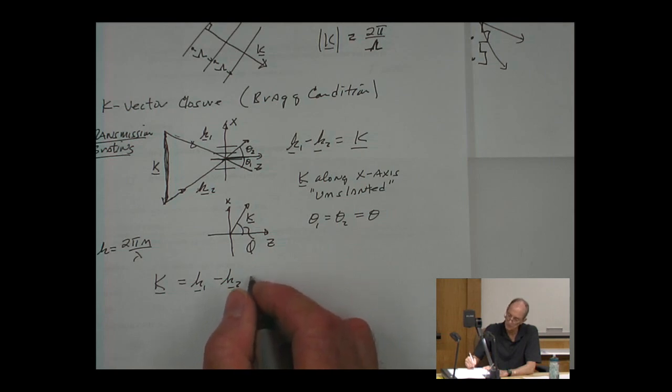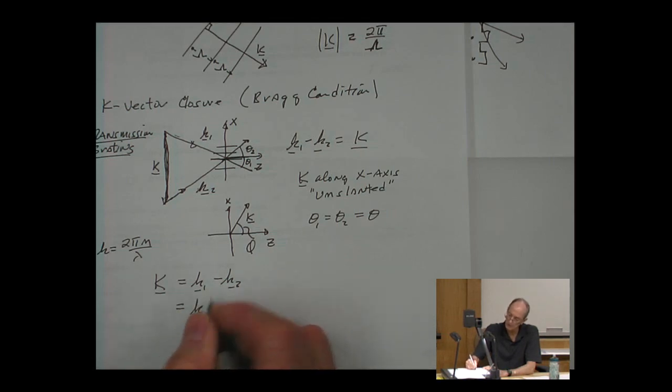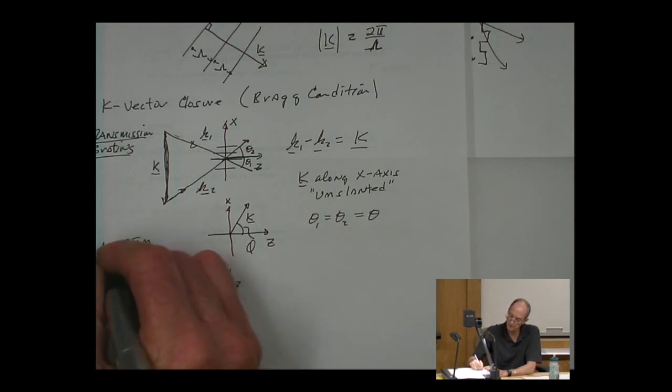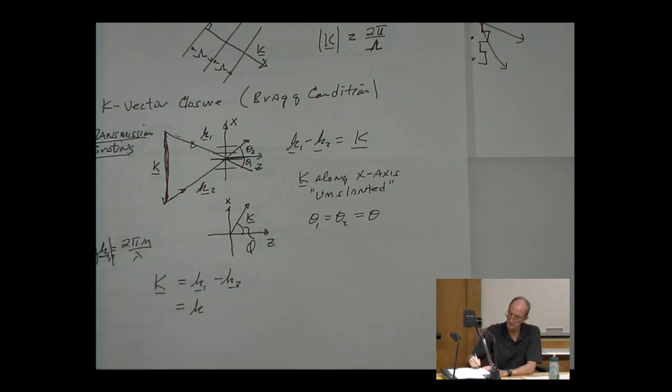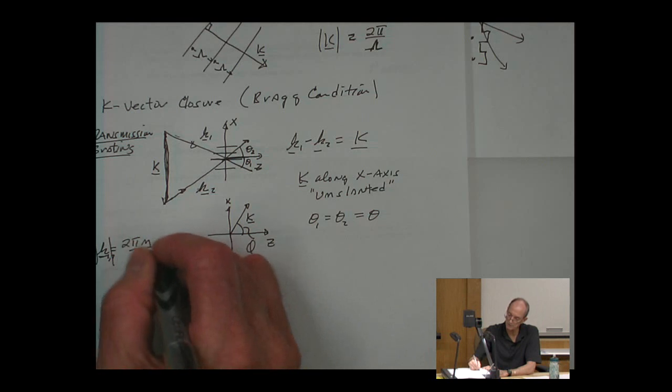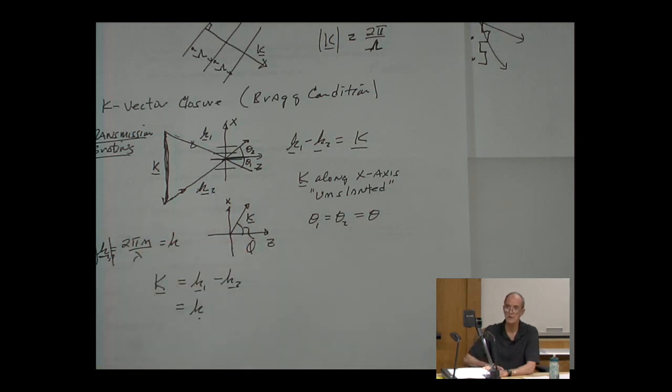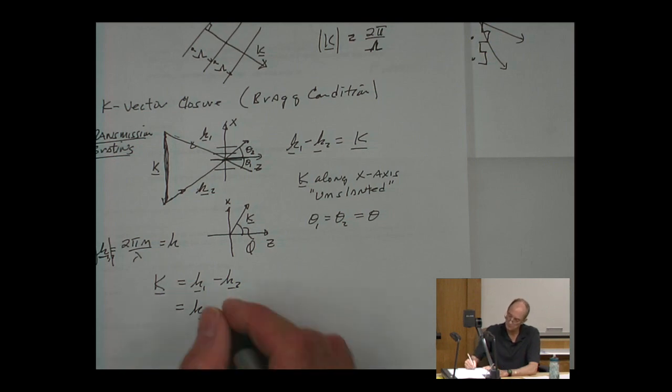Since these have the same wavelength, the magnitude of that vector is 2 pi n over lambda. So they have the same value, and we'll say that's equal to k. They have to have the same wavelength, otherwise you won't get interference occurring between those two.